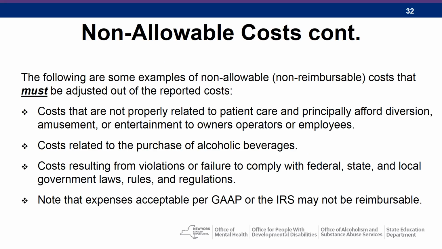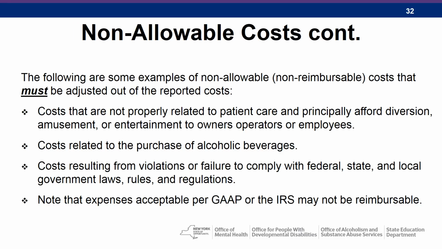The following are some examples of non-allowable costs that must be adjusted out of the reported costs. Costs that are not properly related to patient care and principally afford diversion, amusement, or entertainment to the owners, operators, or employees. Costs related to the purchase of alcoholic beverages.